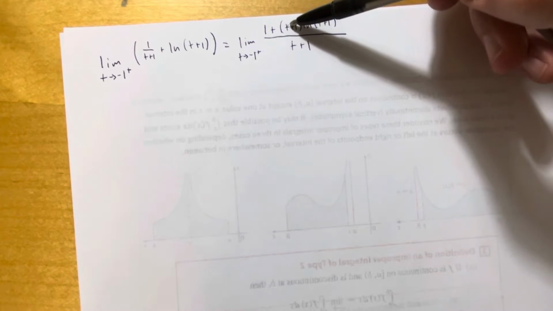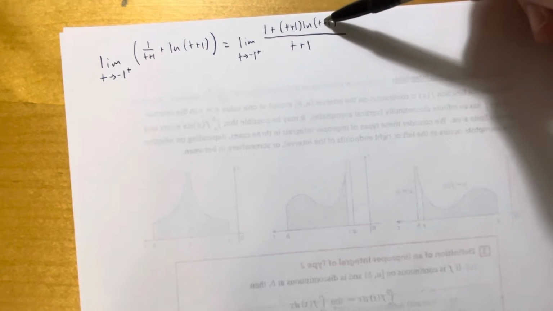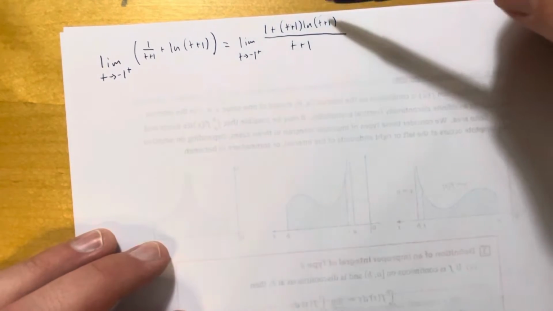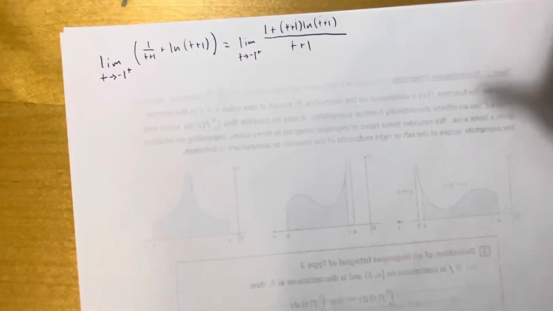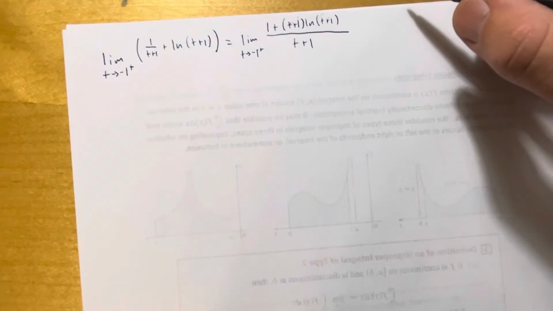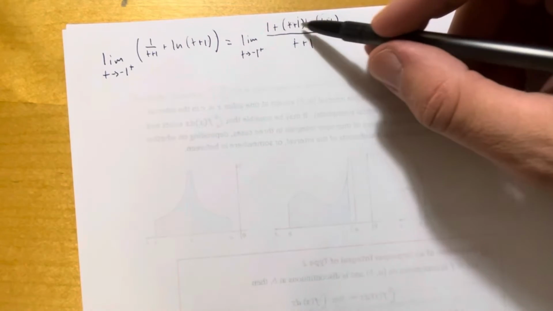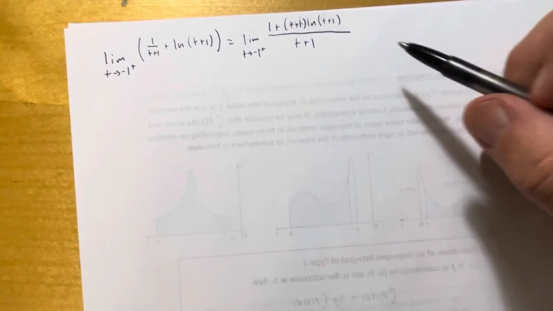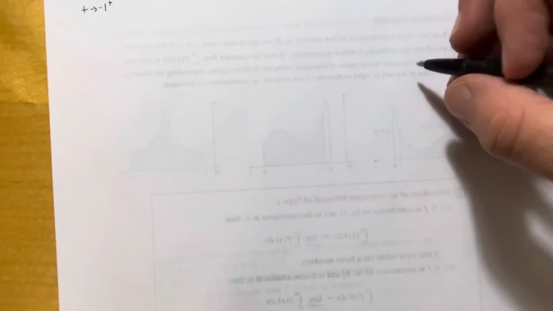If I plug it into this guy, I get a 0, and if I plug -1 into this guy, I get something undefined. But if I approach -1 from the positive side, I'm going to end up getting a negative infinity type of discontinuity. So now we're looking at a 0 times infinity type of indeterminate form. So I can go off to the side and see what happens to this guy if I were to evaluate that limit.